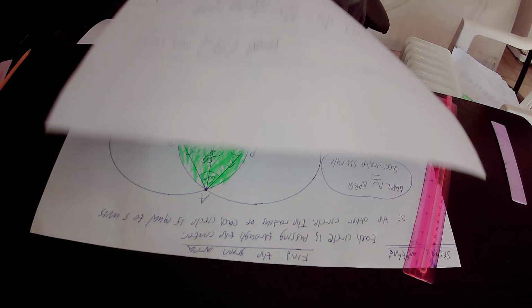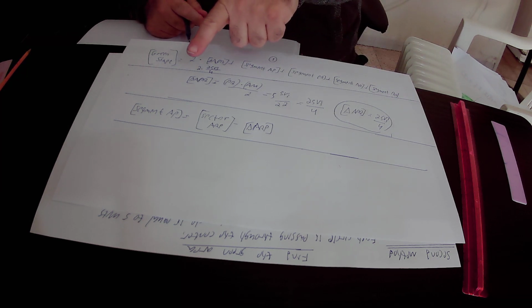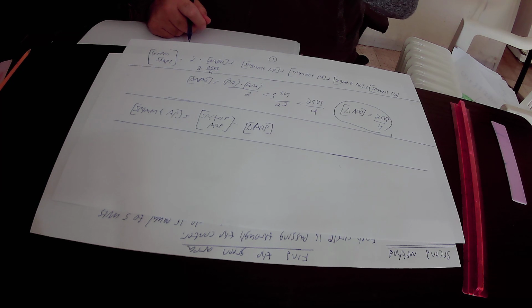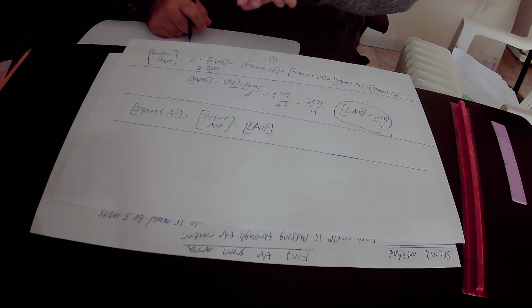I repeat again, the area of segment AP equals the area of sector AQP minus the area of triangle AQP.